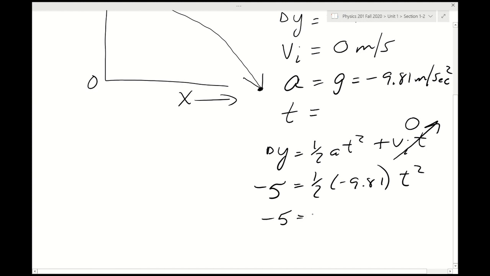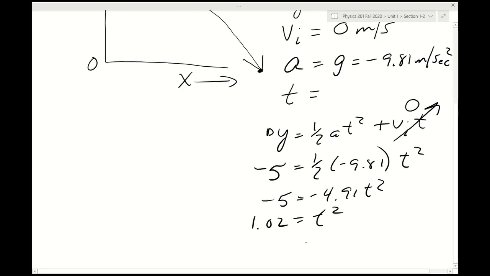Negative 5 is equal to negative 4.91 t squared. t squared then is going to be just a little over 1.02. And so t is effectively 1.01 seconds.